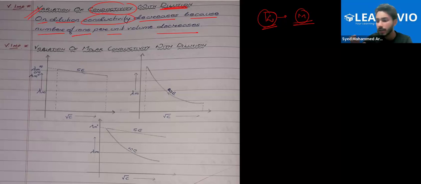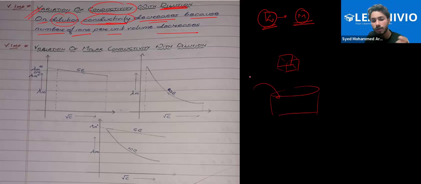Now the dilution. We are diluting it. So on dilution, the conductivity decreases. This is the most important thing. If I have this beaker, and in that beaker I'm diluting it, adding more and more water.